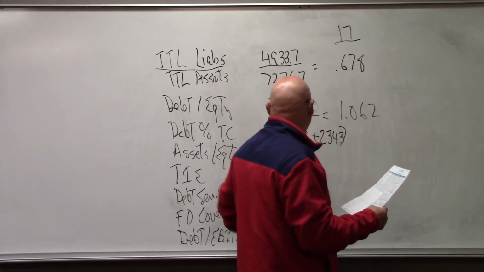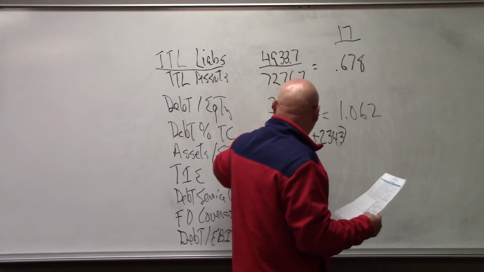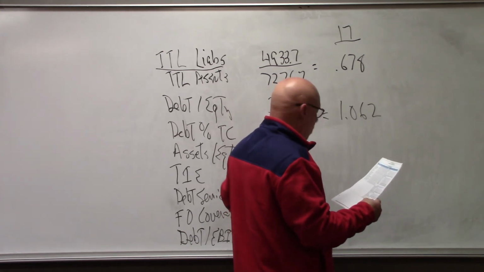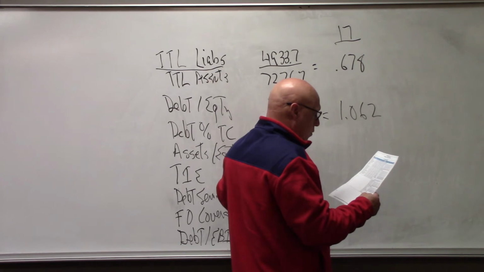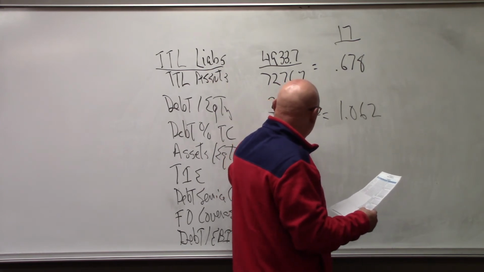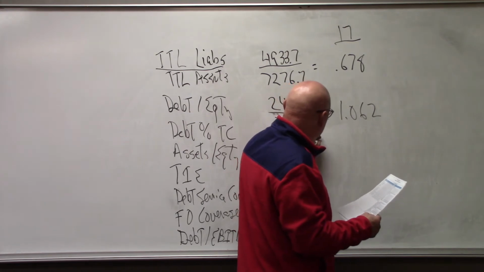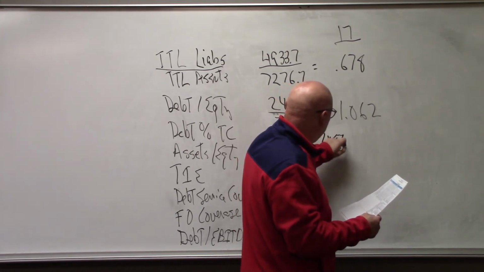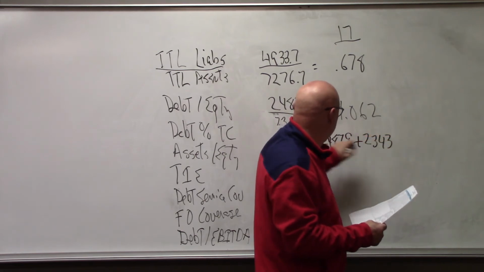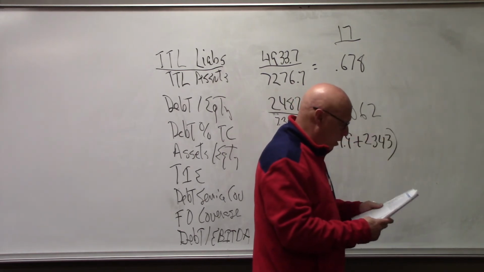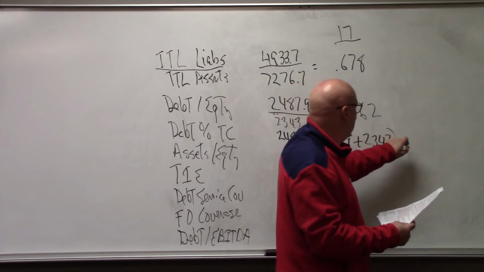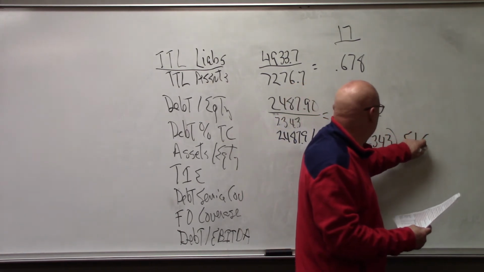I'm sorry. Debt as a percentage of total capital, the numerator is just non-current liabilities. So we got 2487.9 divided by 2487.9 plus 2343. And that answer is 51.5%.